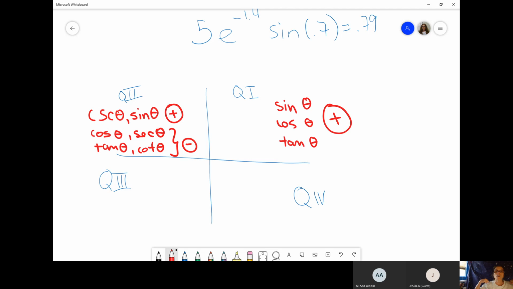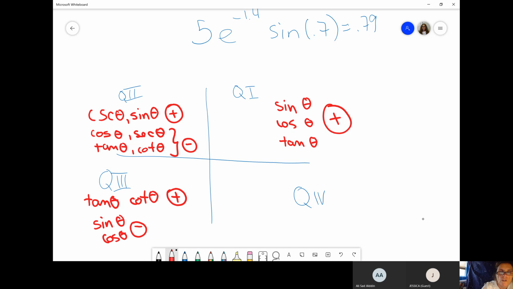Always know in which quadrant your angle is located. Very important. In quadrant 3, the tangent and the cotangent are positive. The rest is negative. Let me just write sine and cosine and the other reciprocals. They are negative.